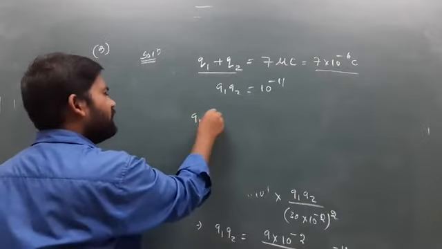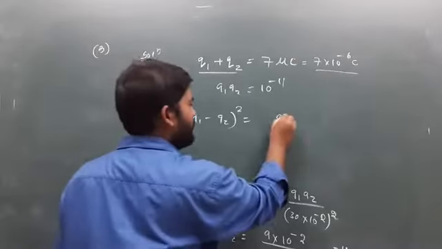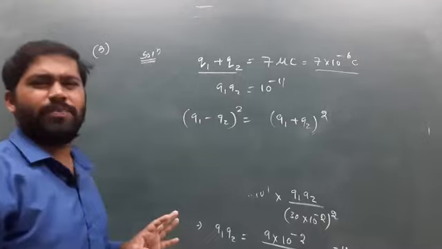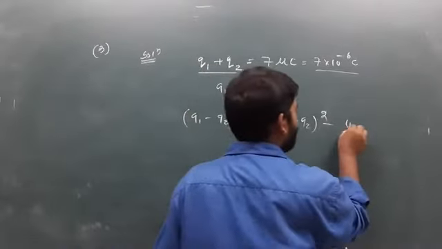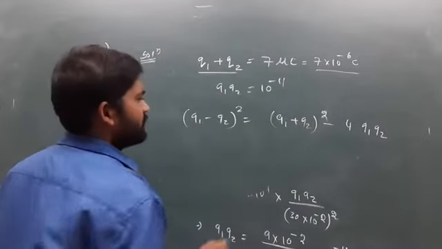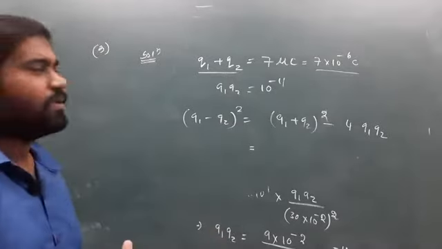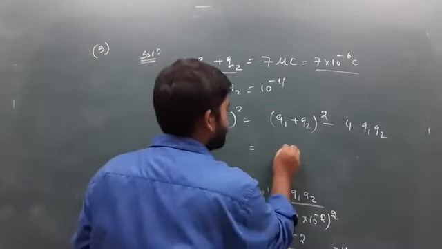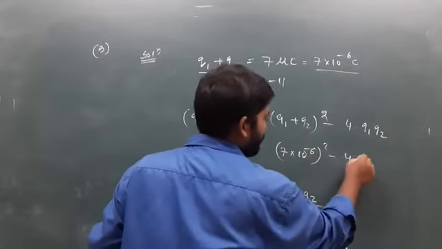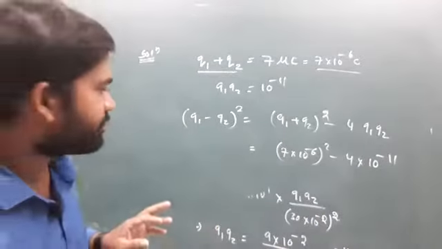That will be 7 into 10 to the power minus 6, squared, minus 4 into 10 to the power minus 11.